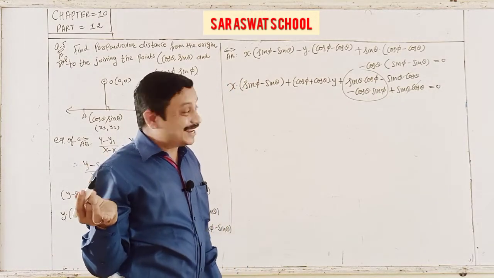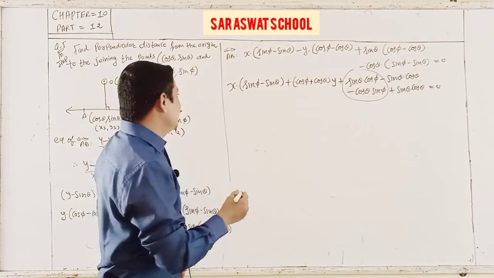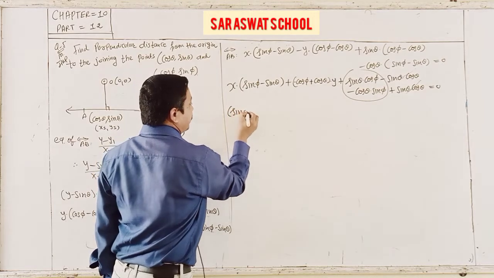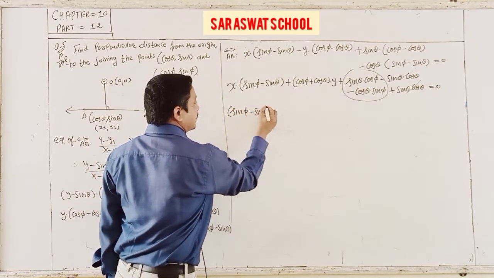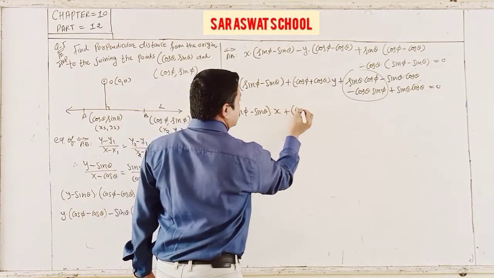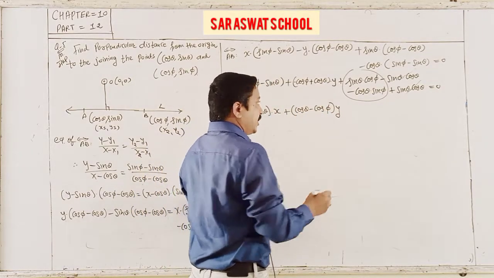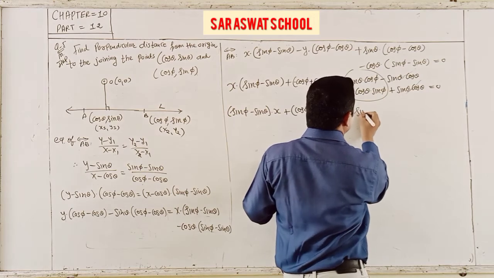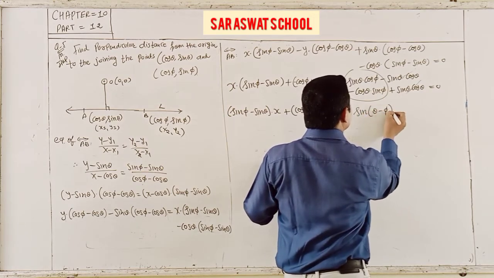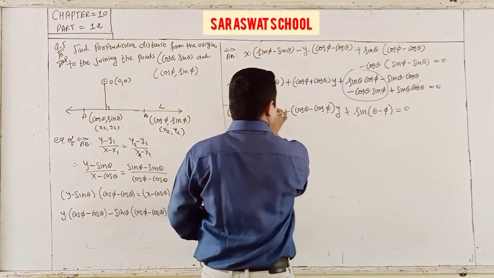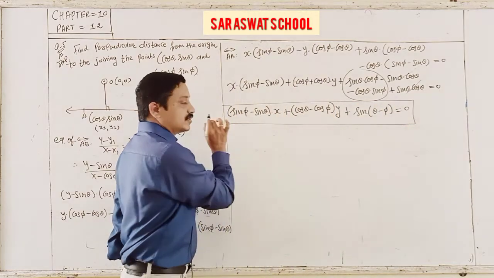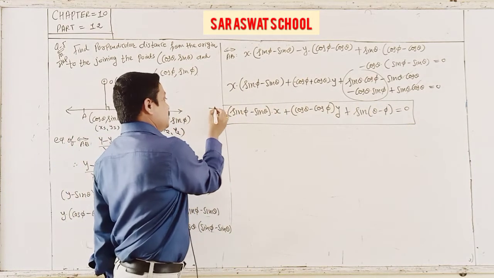Cos or sine, which one? It is surely sine. So (sin phi minus sin theta) x plus (cos theta minus cos phi) y, and here I will write down sin of (theta minus phi), or phi minus theta. That's the equation of line AB.